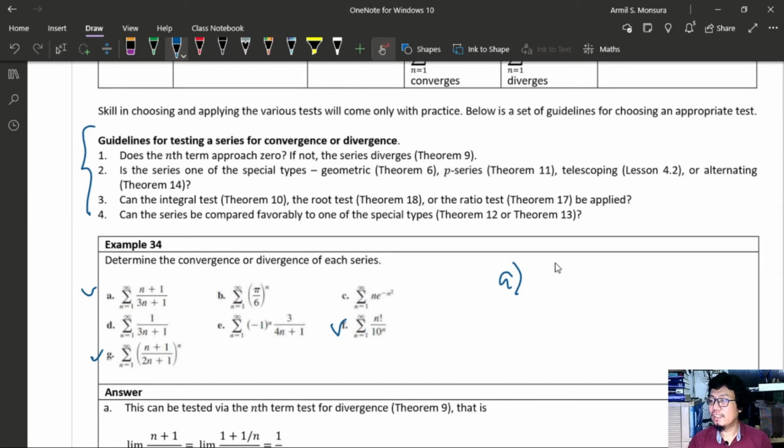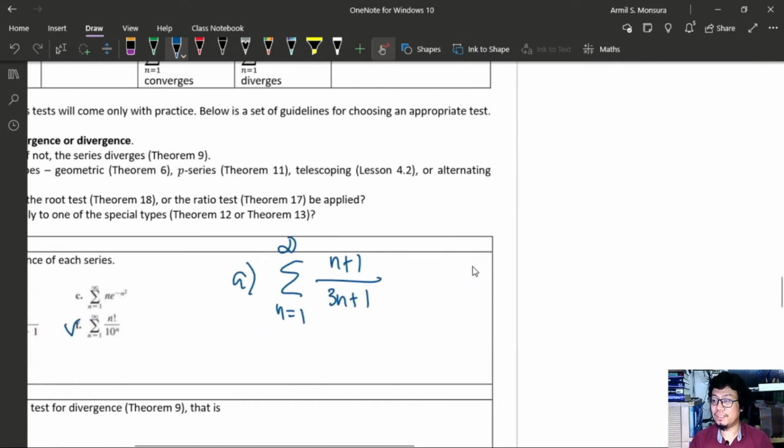So letter A, we have here the summation of n plus 1 over 3n plus 1 for n equals 1 up to infinity. We'll determine the convergence or divergence of this series. This is a very simple series, the nth term is simply n plus 1 over 3n plus 1.